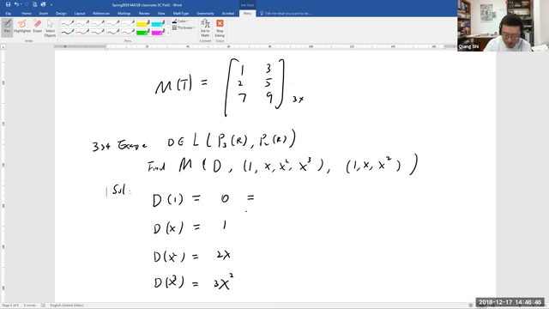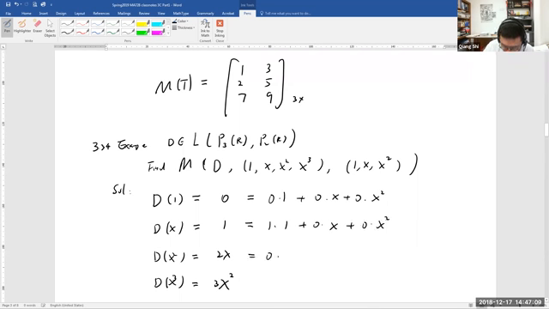What is the other vector space? The basis is 1, x, x squared. In order to make a 0, obviously you need 0 times 1, 0 times x, and 0 times x squared. The derivative of x is 1, so we need 1 times 1, 0 times x, and 0 times x squared.